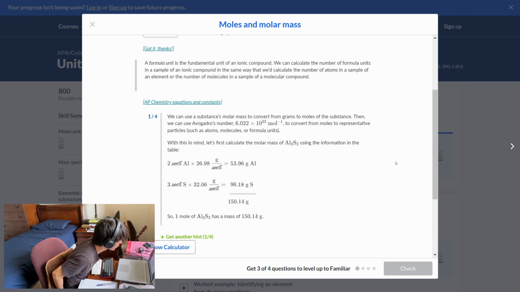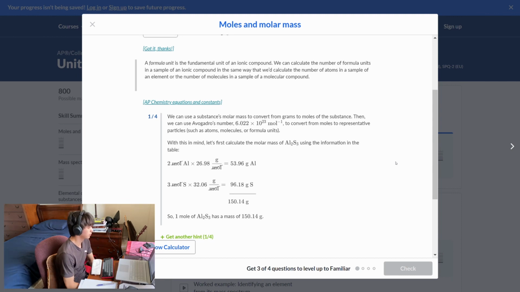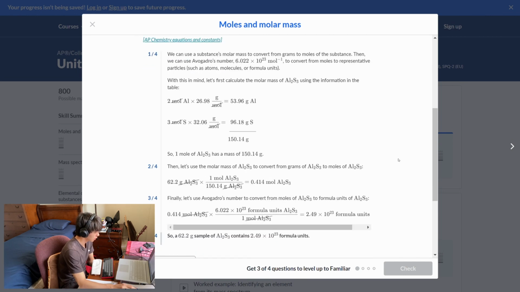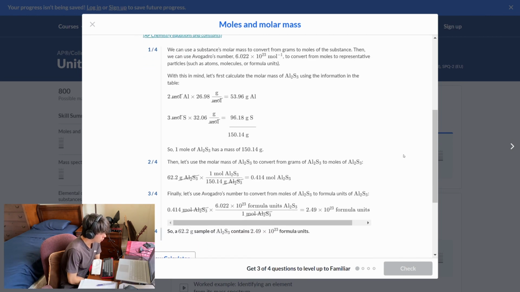Grams to moles of this substance. Use the molar mass.